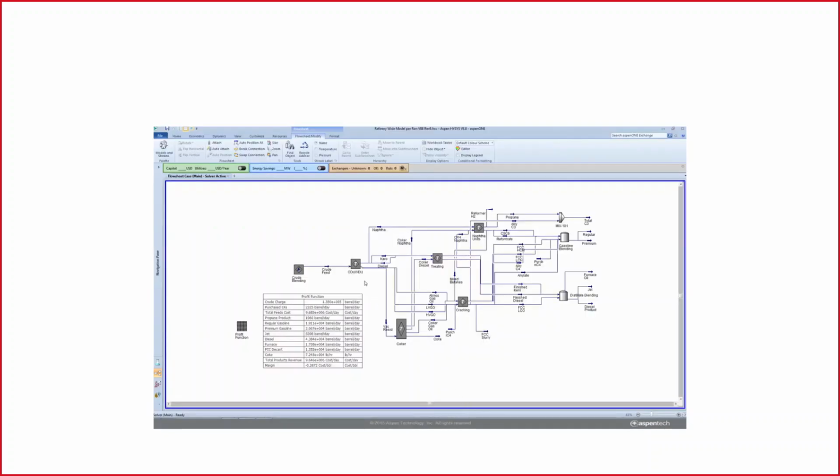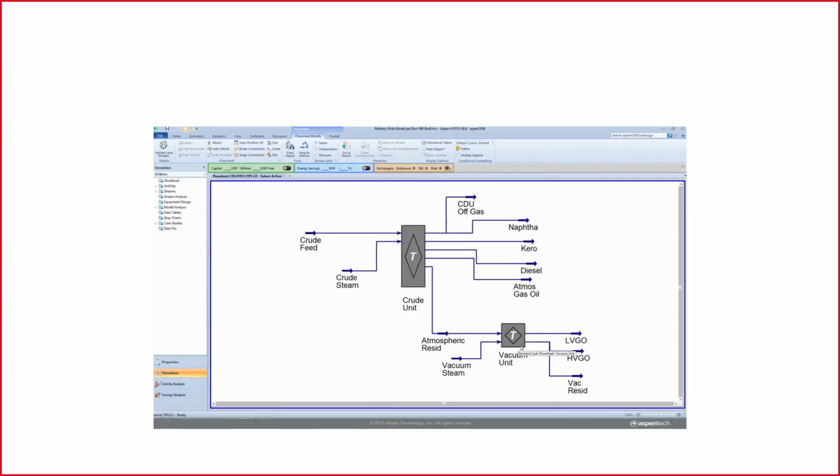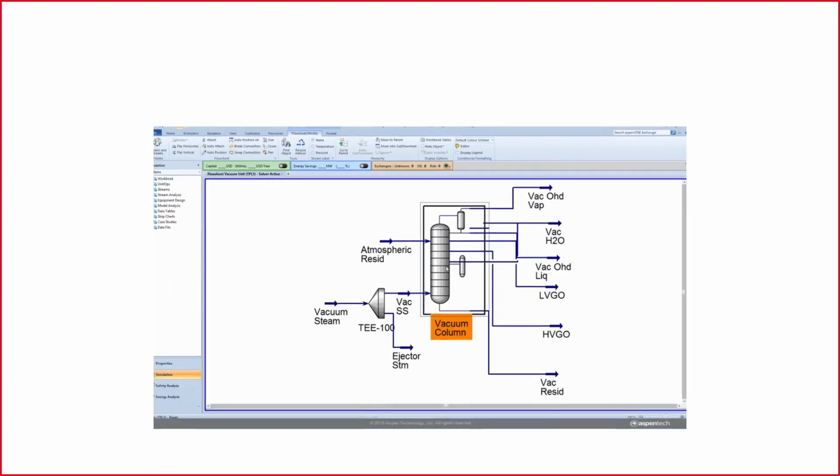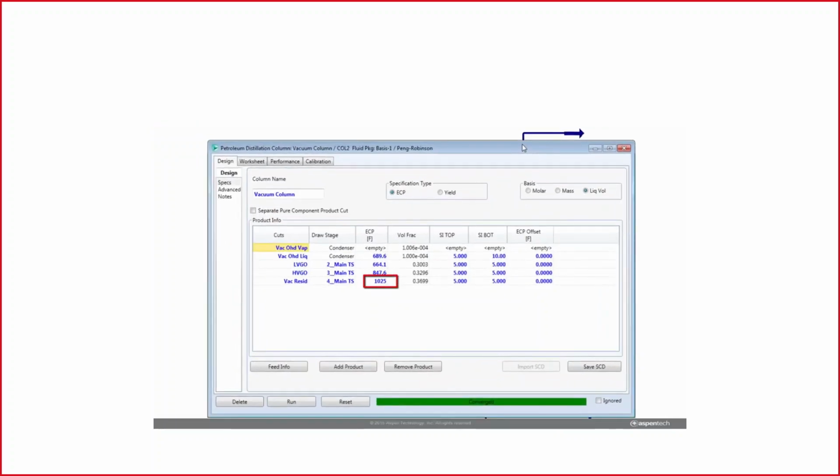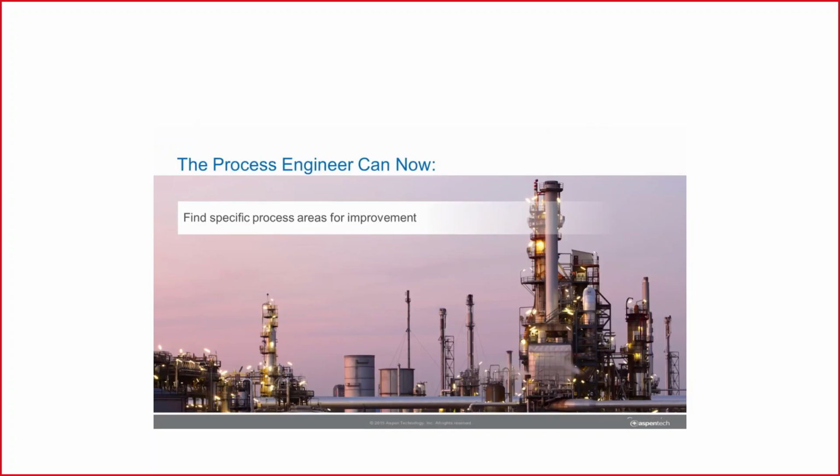For example, the process engineer identifies that there is an opportunity for improvement in the vacuum distillation unit. More specifically, the cut points set for the vacuum resid stream is low. The process engineer can then try alternative solutions to address the low profit margin.